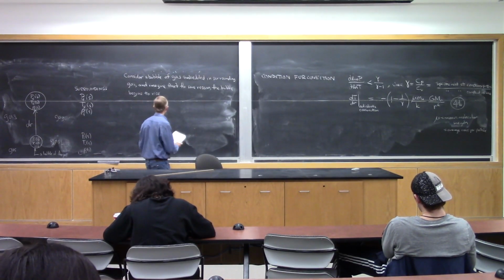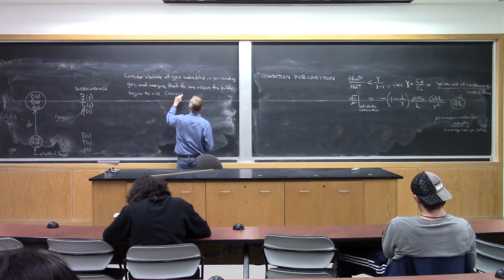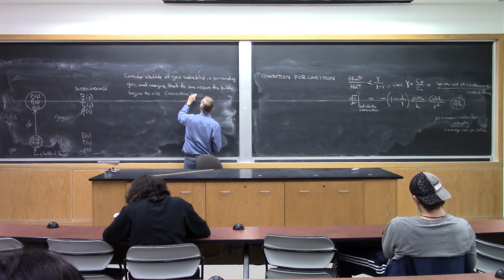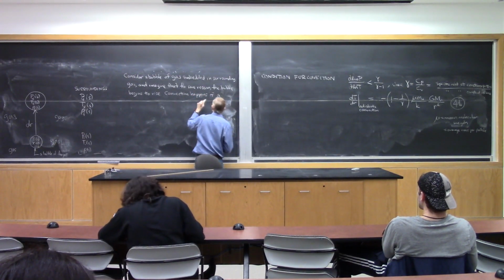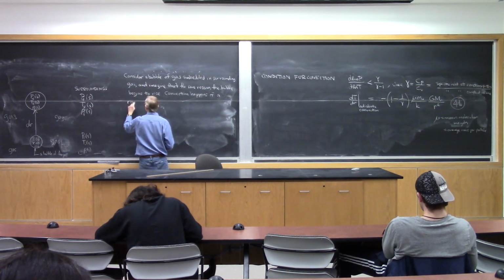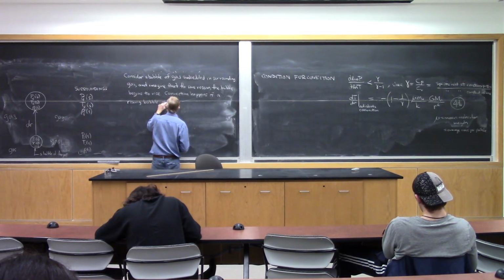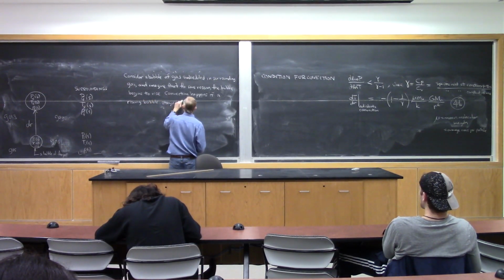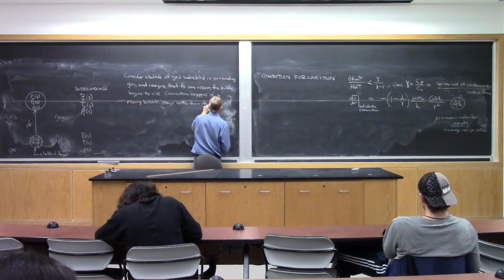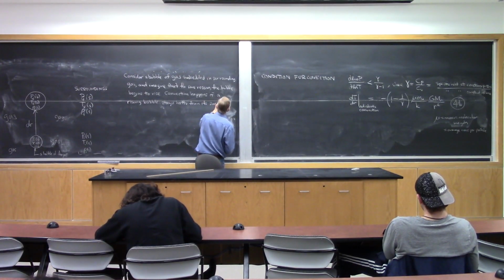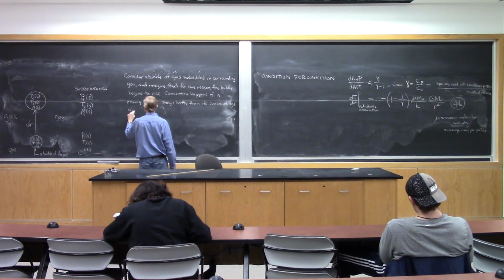And while I don't put it this way in my notes, I'll do a spoiler alert here. Convection happens if a rising bubble stays hotter than its surroundings and as a result remains buoyant.